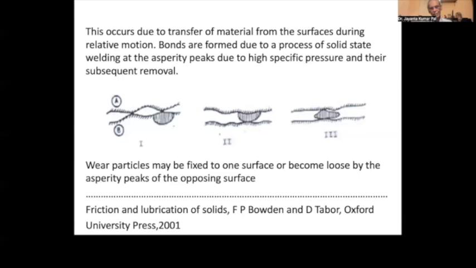And if the wear debris itself, formed this way, wears the surfaces more and more, then we call it three-body wear. So we have to somehow eliminate the wear debris, and there are processes of doing it. We'll discuss it as and when it comes.